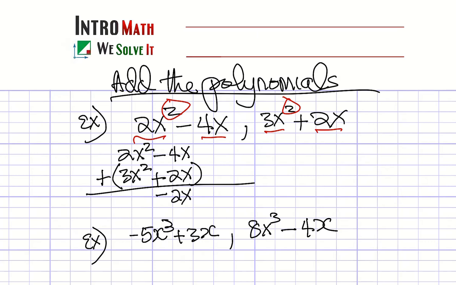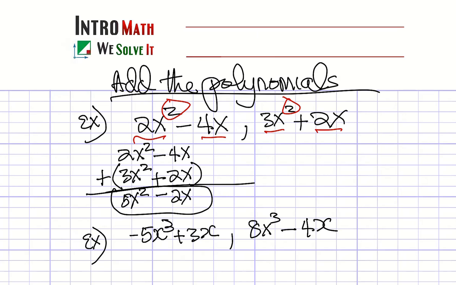And then the one with the exponent 2, you get 5x raised to the power 2. I think we're done right there. So that's how it goes. You can add it like that, and basically you're done.